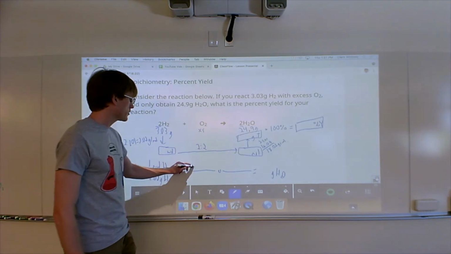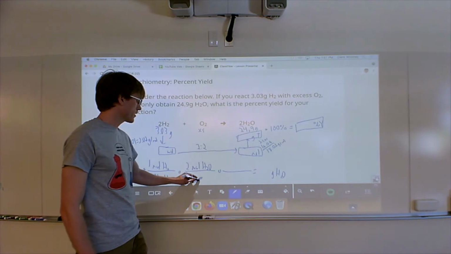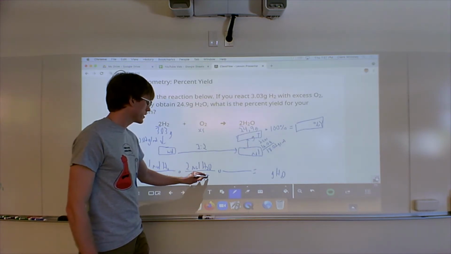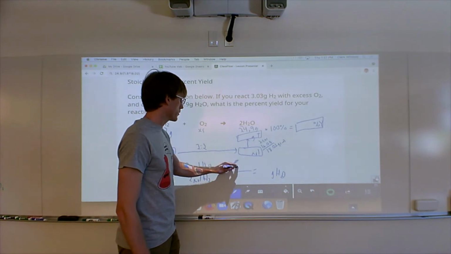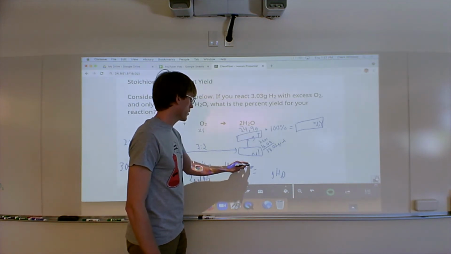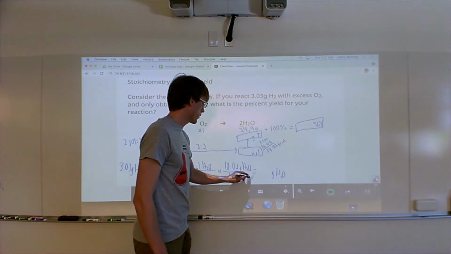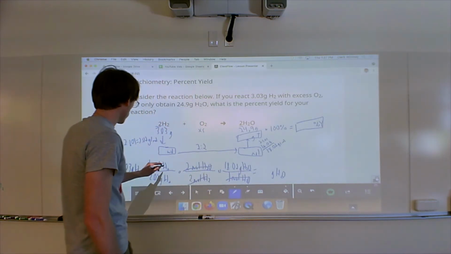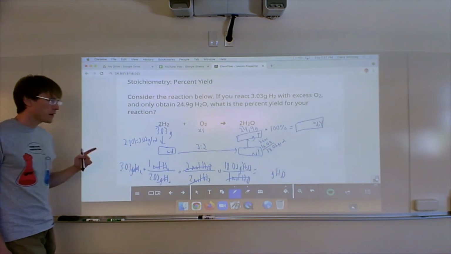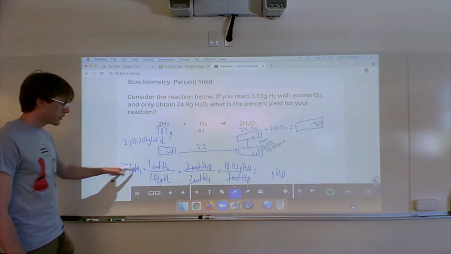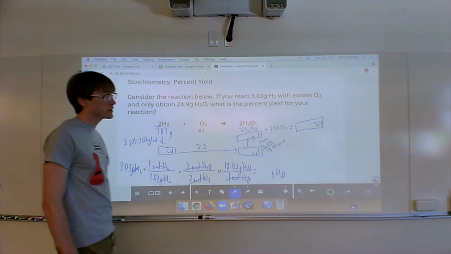I have times 2 moles of H2O over 2 moles of H2. And I have 18.02 grams of H2O for every 1 mole of H2O. Cancel, cancel, cancel, cancel, cancel, and cancel. And what I end up with is 3.03 times 1 over 2.02 times 2 over 2 times 18.02.